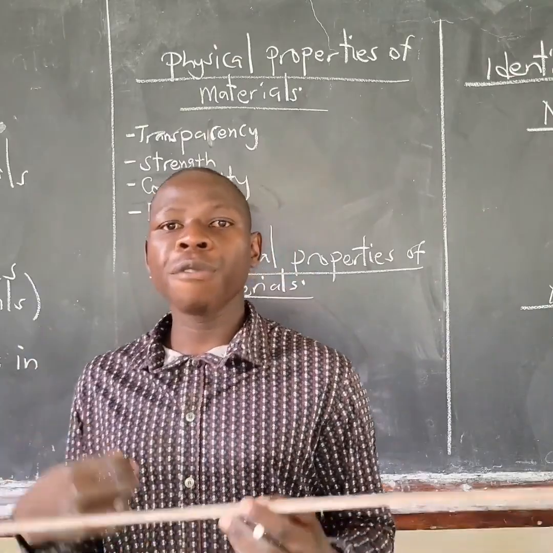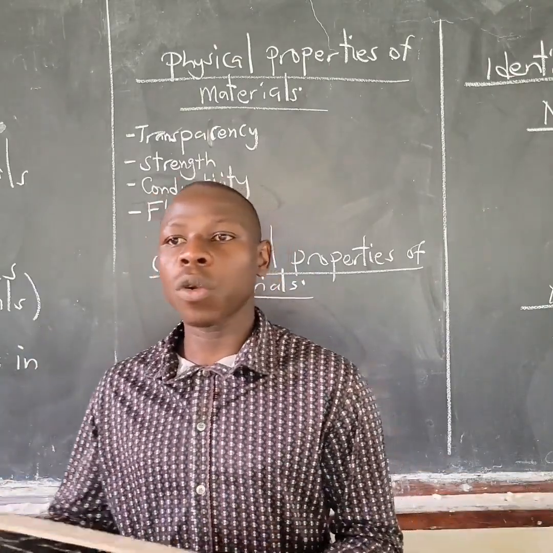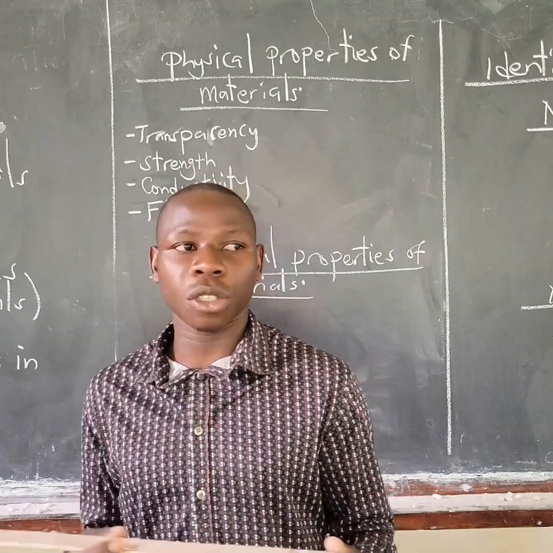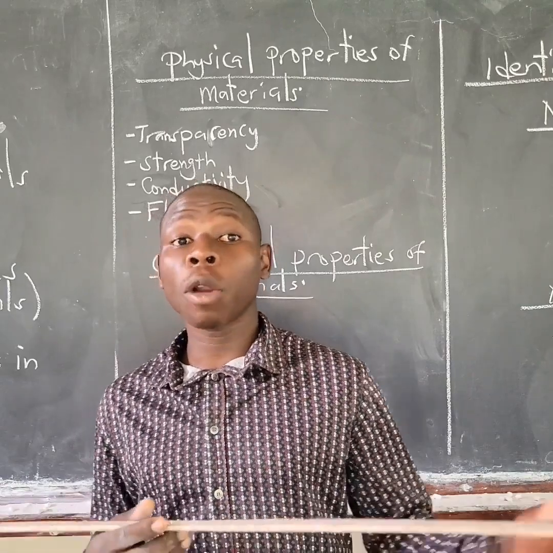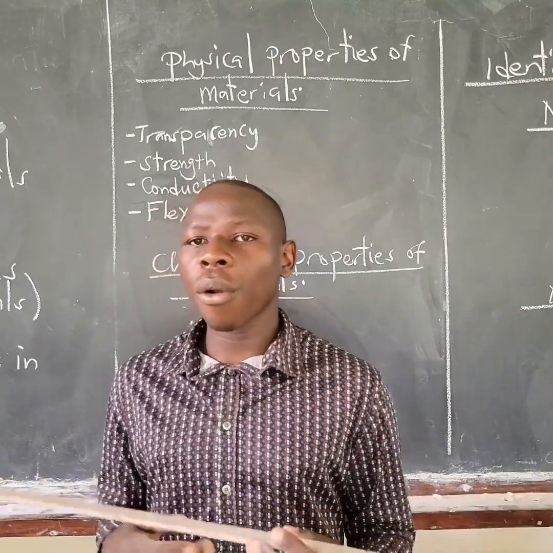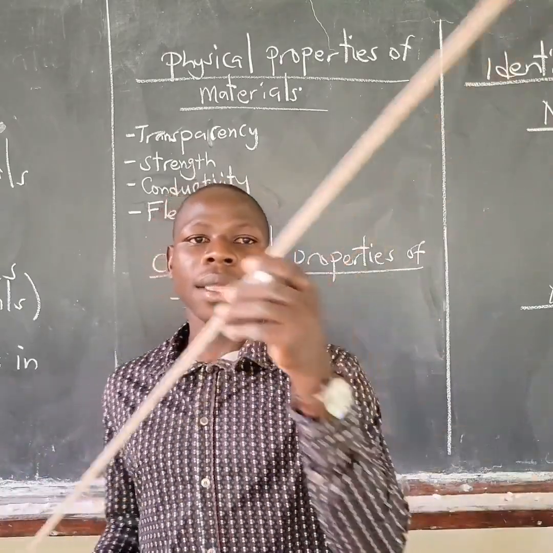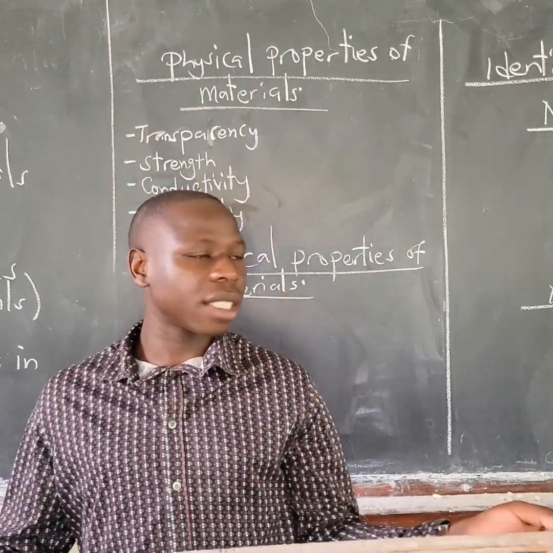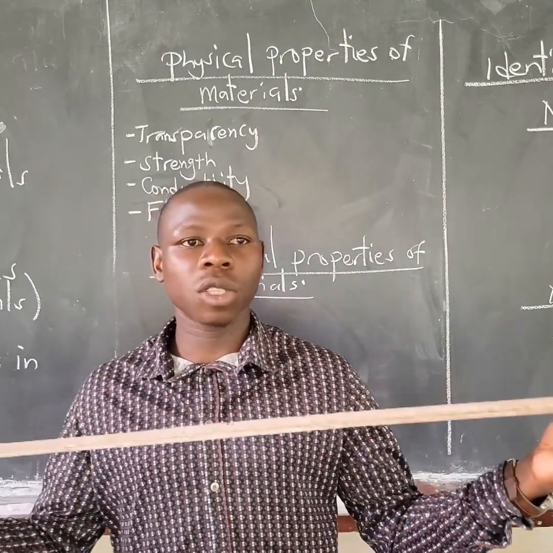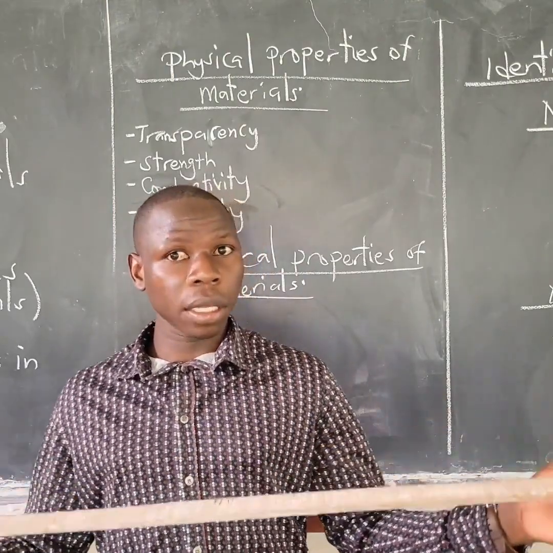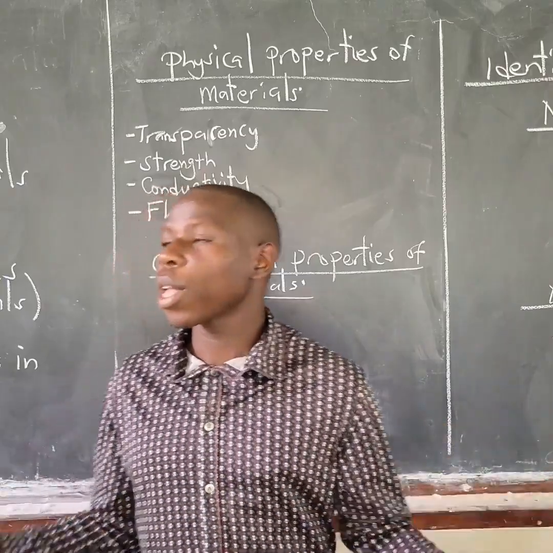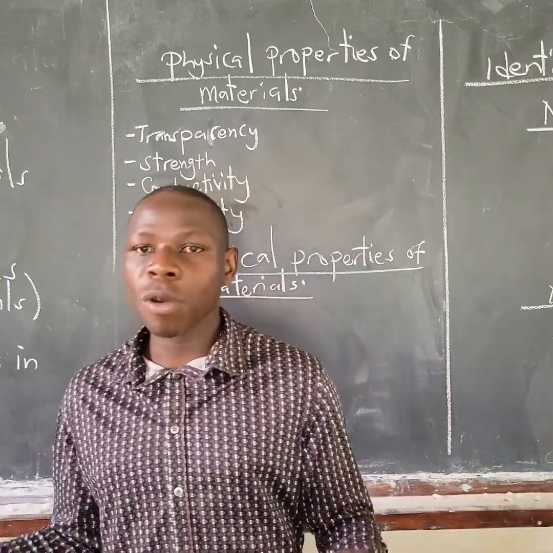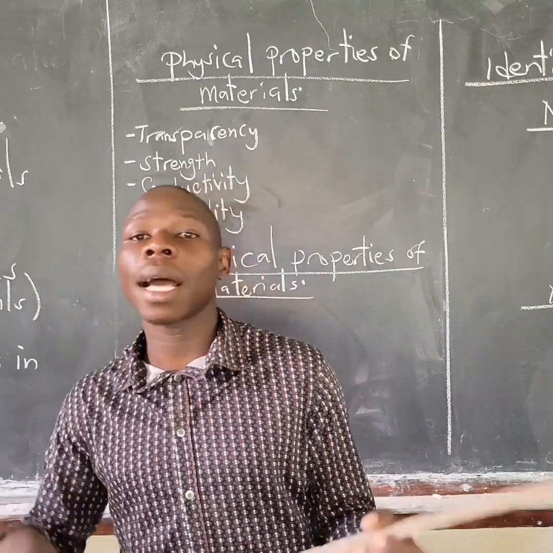For example, if we use a glass rod and we include it in our circuit, does the bulb produce light? Or if we use this wooden meter rule and we connect wires this way, does the bulb produce light? Or if we use a plastic cup, we connect wires on it, does the bulb produce light?